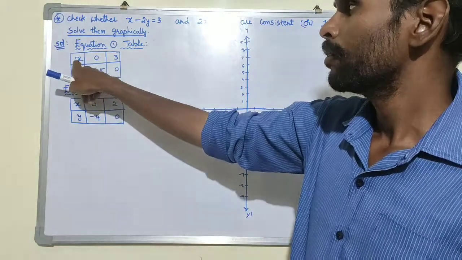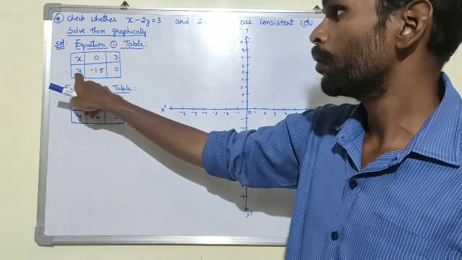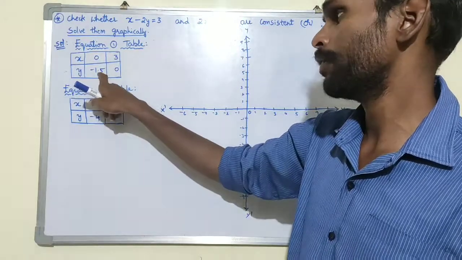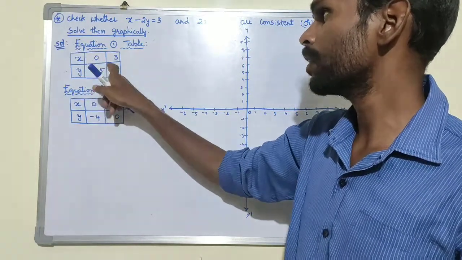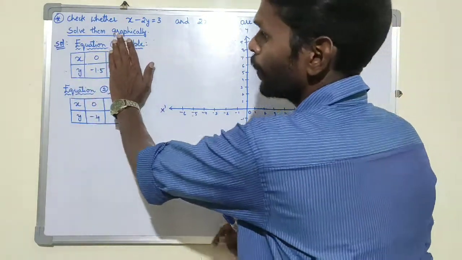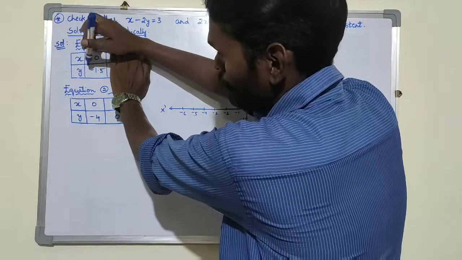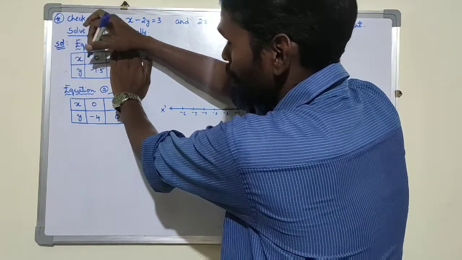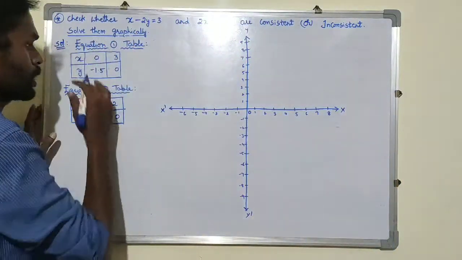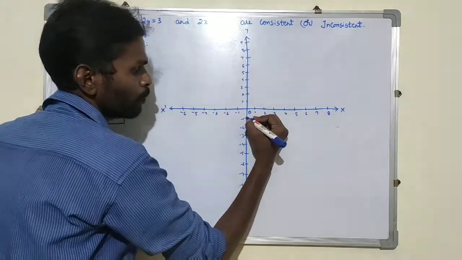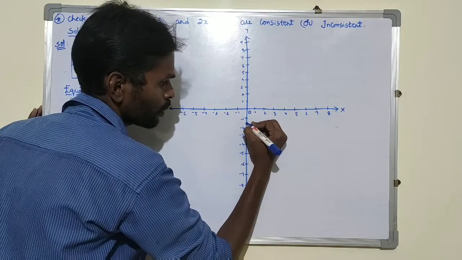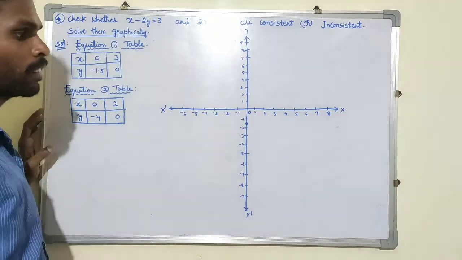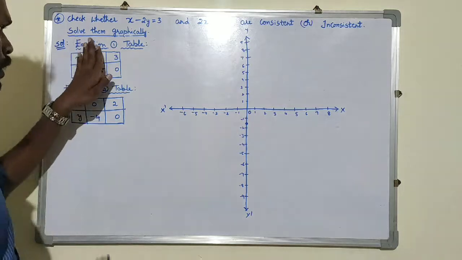Take this. For x equal to 0, what is the y value? Minus 1.5. It means this point lies on the y axis. See, if you consider this point, the x value is 0, so this point will be on the y axis. Where is minus 1.5 on the y axis? It is exactly between minus 1 and minus 2. This is a point. Now take this point.